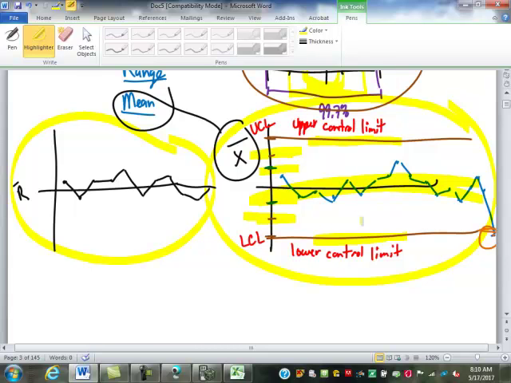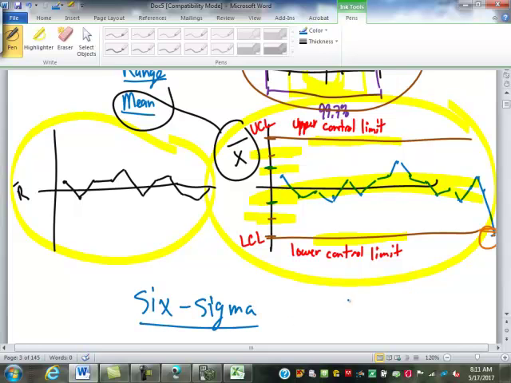Many of you at some point in your career will work for a company. The big one out there right now is Six Sigma. In fact, they use this symbol, Six Sigma, looks like that. What's Six Sigma? Sigma is the symbol for standard deviation. And what we have here, here's 1 standard deviation.